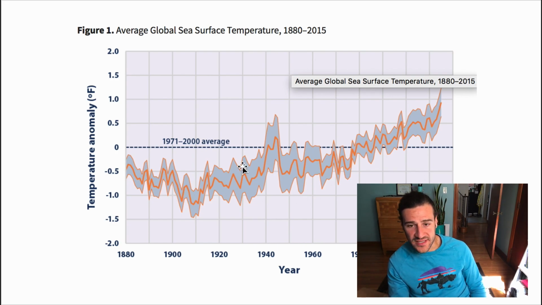Now here we have this figure. This line is the 29-year average of water temperature from 1971 to 2000.